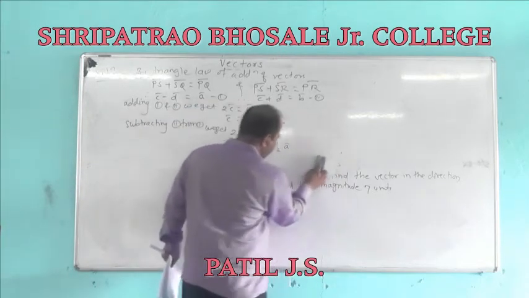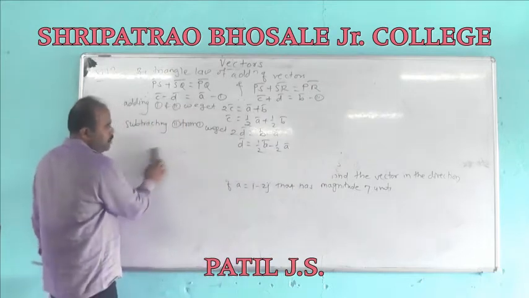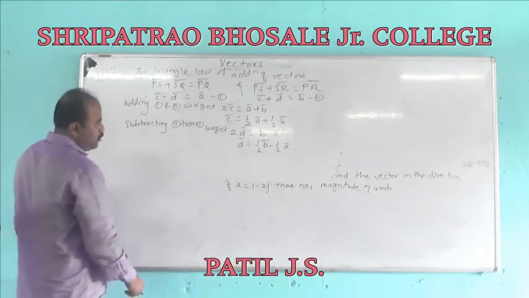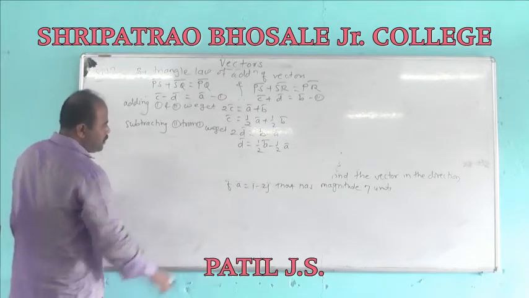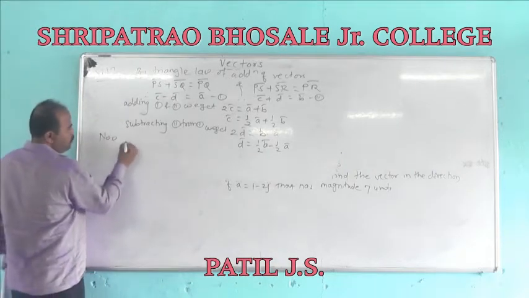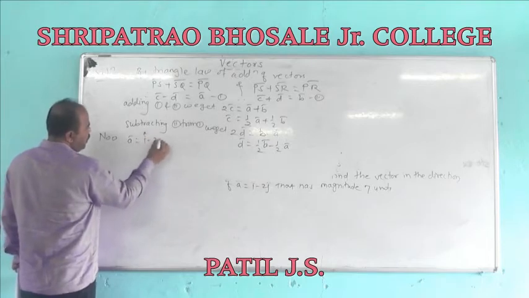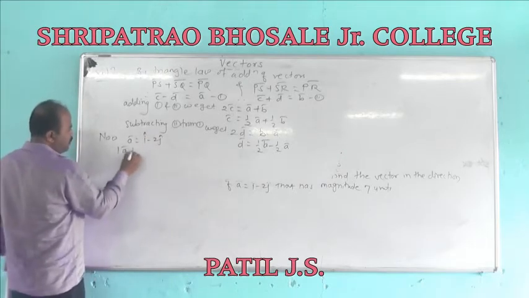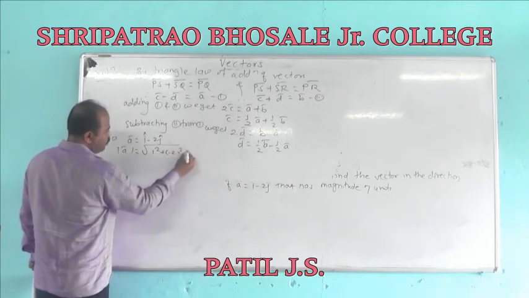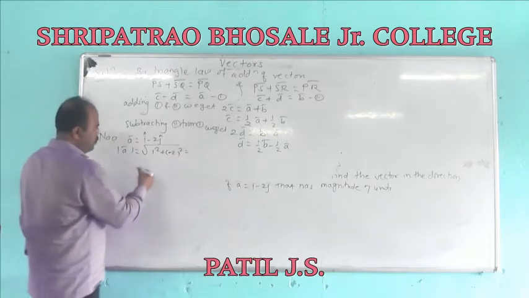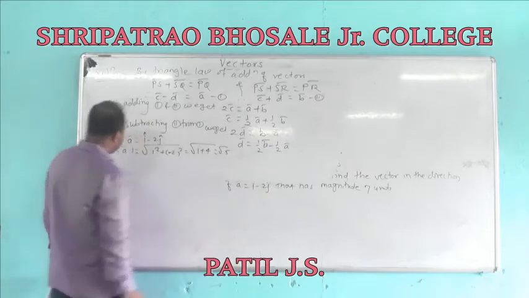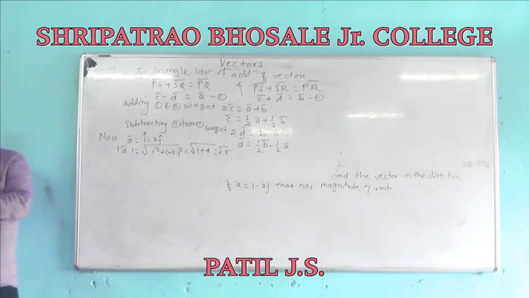And next question, in this we have to find the vector in the direction of A bar equal to i cap minus 2j cap that has magnitude 7 units. Now this A bar is equal to i cap minus 2j cap. That means its magnitude is equal to square root of 1 square plus minus 2 square. 1 square is 1, minus 2 square is 4, means equal to 5. Magnitude of A bar is equal to 5.